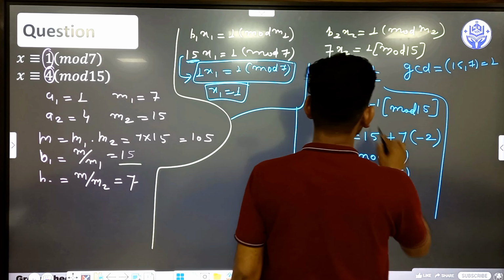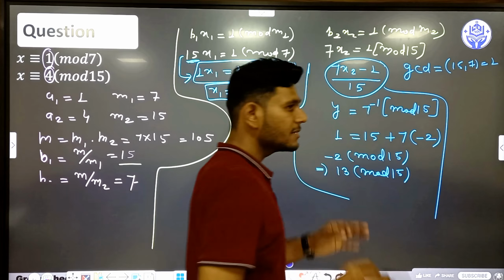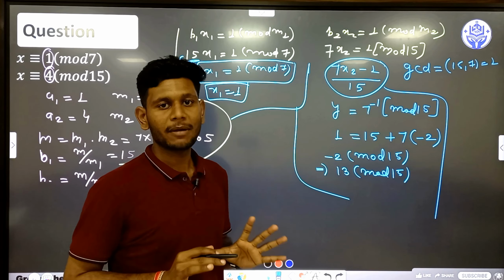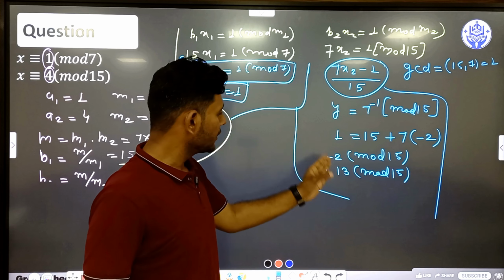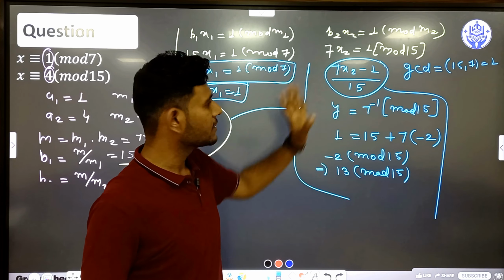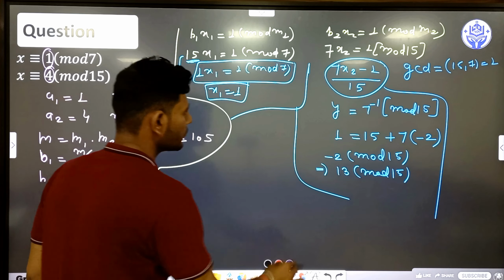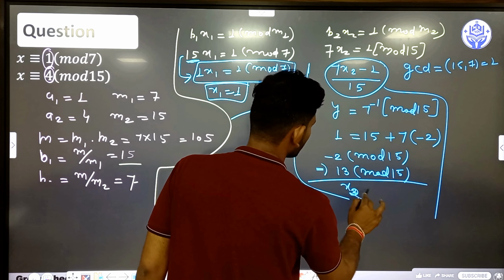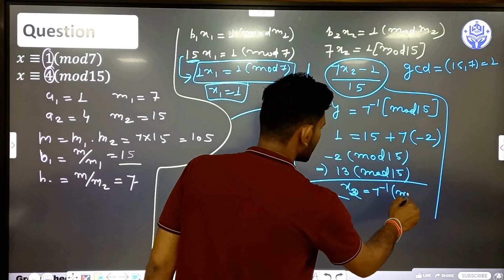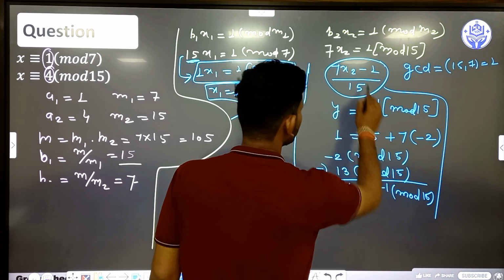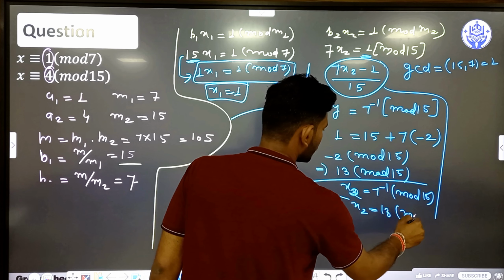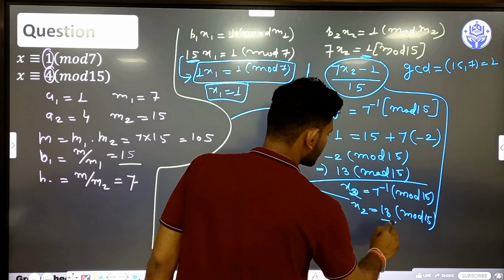Another way: from 7 x2 minus 1 divided by 15, you have to put in a value that satisfies this. So this is the 7 inverse, which is 13. So x2 is nothing but 7 inverse mod 15, because here it is 1. So my x2 is 13 mod 15.